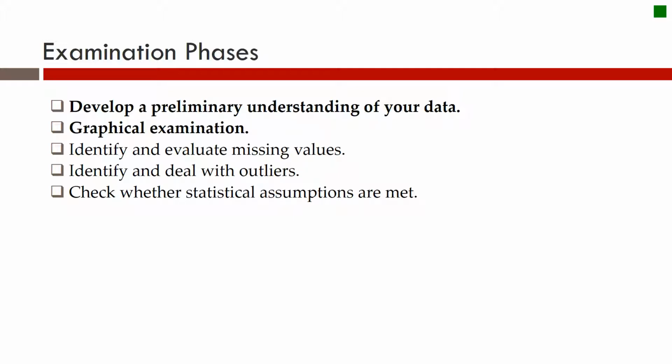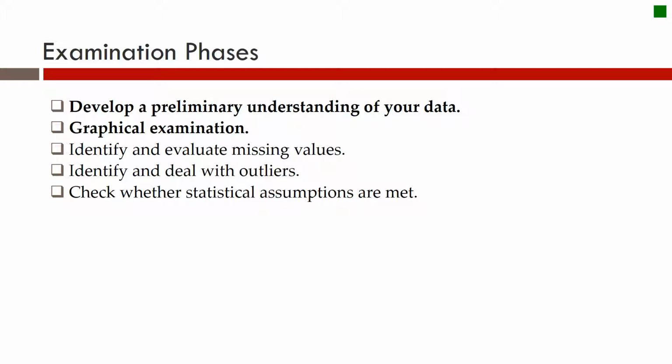Then we're also going to do a graphical examination, and other steps that are not covered in this video deal with missing numbers, outliers, and confirming assumptions of the data that will need to be confirmed in order to do multivariate data analysis.